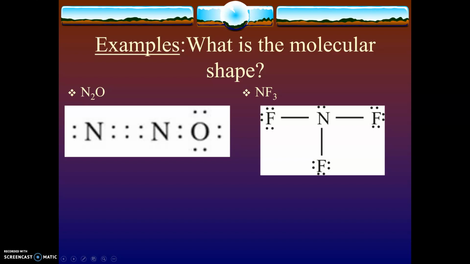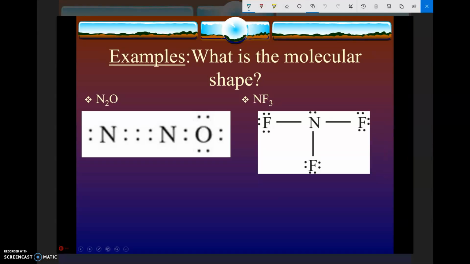Okay, our next example is N2O, or dinitrogen monoxide. So again, let's look at this, and this is drawn a little bit differently. So if we were to draw it with our lines, here's what this one would look like. So now let's look at our central atom. How many atoms are bonded to the nitrogen? We've got 1, 2, so 2 atoms.